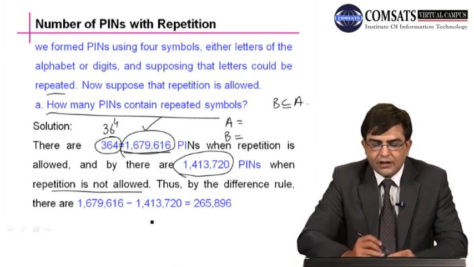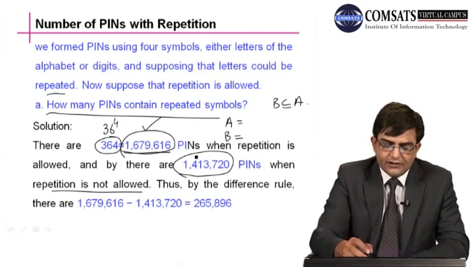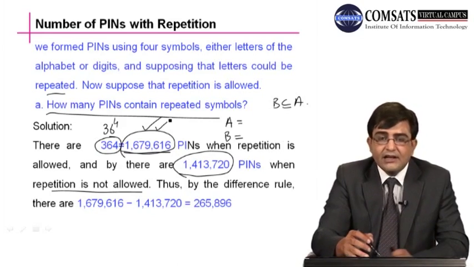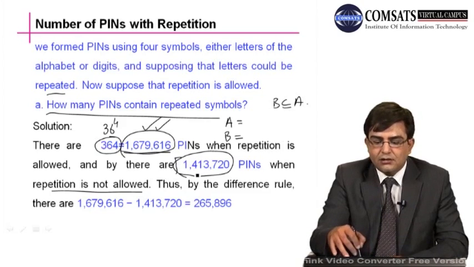So we have to calculate now how many are the pins which contain repeated symbols. If we subtract this number from this number, because in this number there are pins in which the repetition is allowed, and this is the number in which the repetition is not allowed.